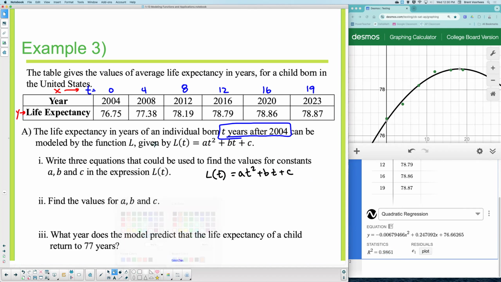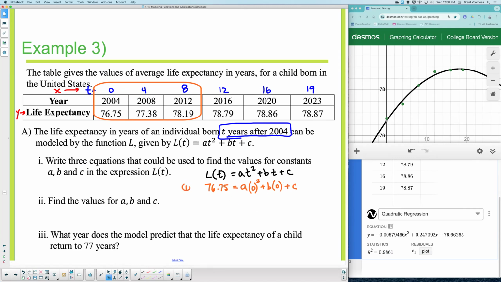These 3 data points. I'm going to use those 3. So my first one, I'll plug in 0 years. The life expectancy is 76.75 when the year is 0. Now, don't waste your time simplifying this. Just plug in the value and leave it as it is.